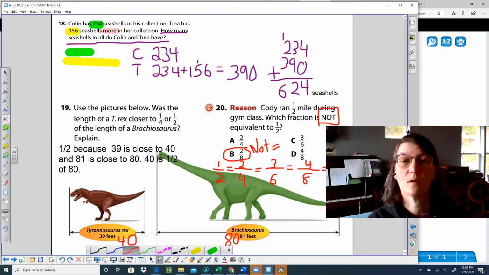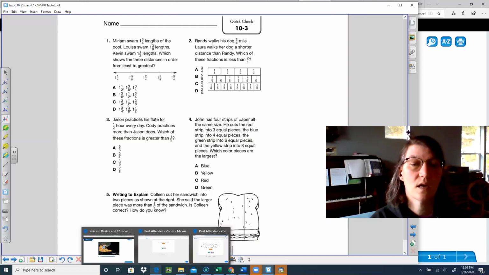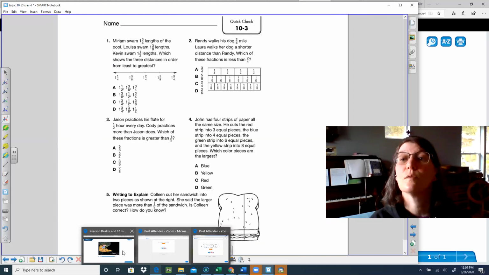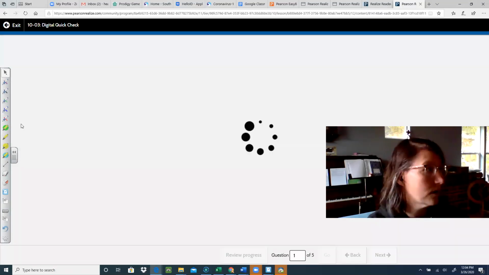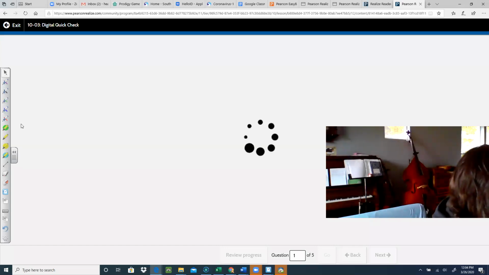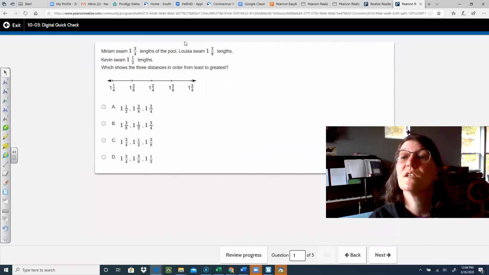Okay, I think we're ready for our quick check now. Okay, so hopefully it did not time out on me. I'm going to pull up today's quick check and go over it with you. Okay, I'm going to enlarge it so you can see it a little better because that is a little bit small.